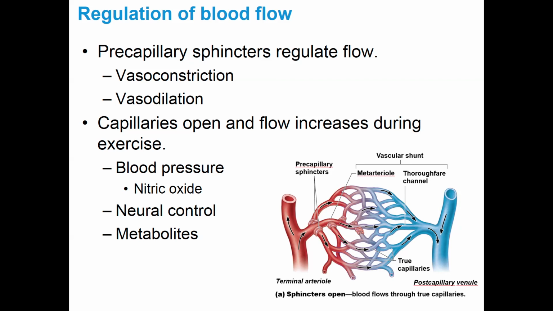So you're going to see an increase in blood pressure both during endurance exercise and during strength training, and that increase in blood pressure itself will also lead to a relaxation of the smooth muscles, particularly in the muscular arteries and in the arterioles.